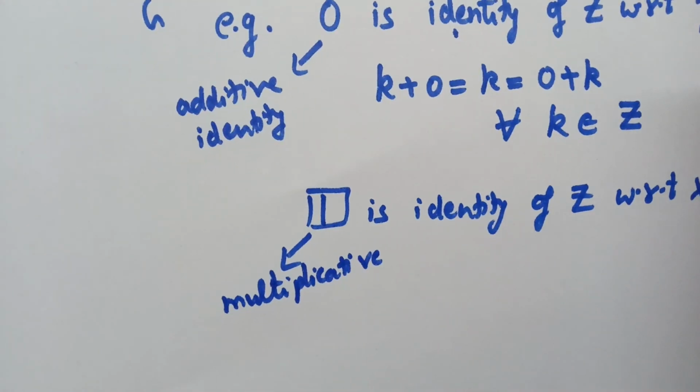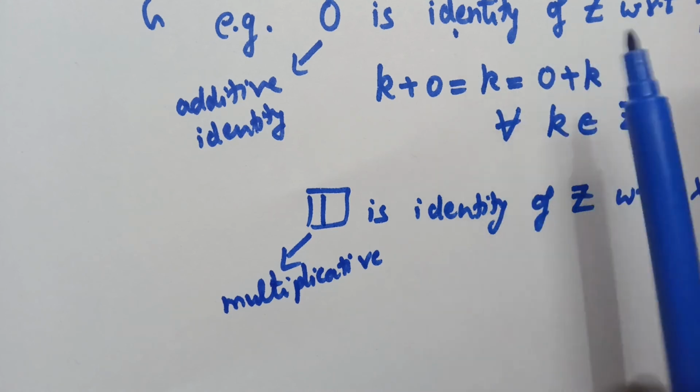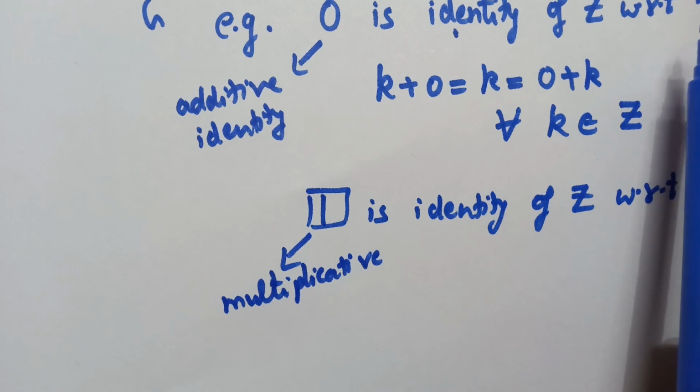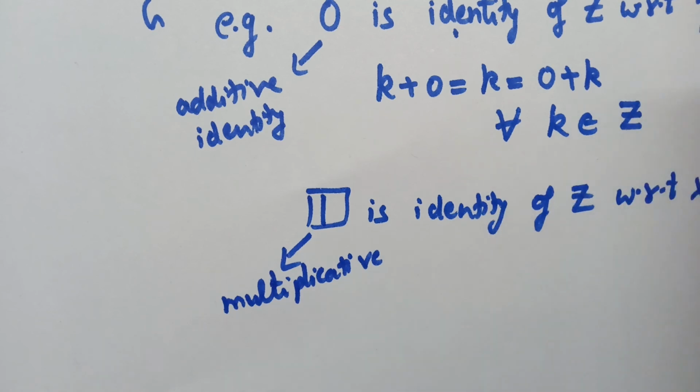So here we can see that in the same set, with respect to addition, the identity element is 0, and with respect to multiplication, the identity element is 1. So identity element obviously depends on the binary operation on the given set.